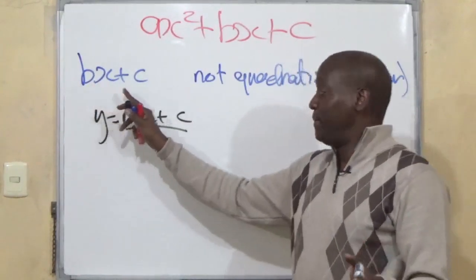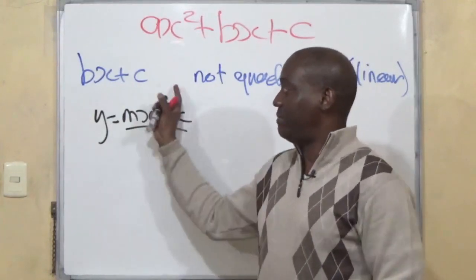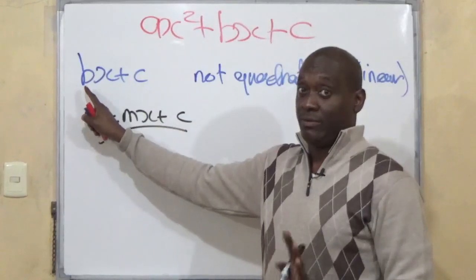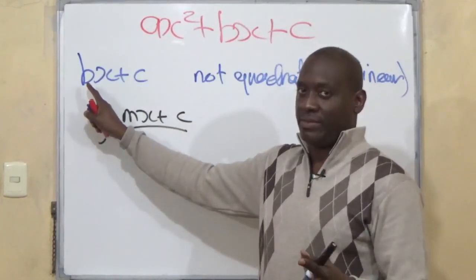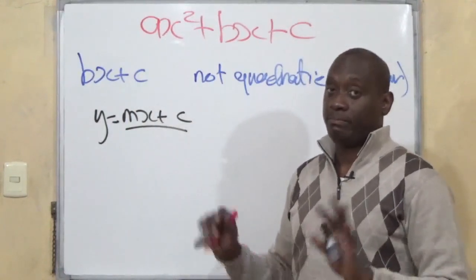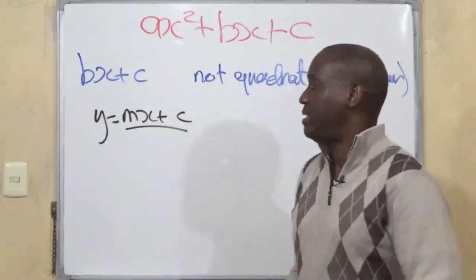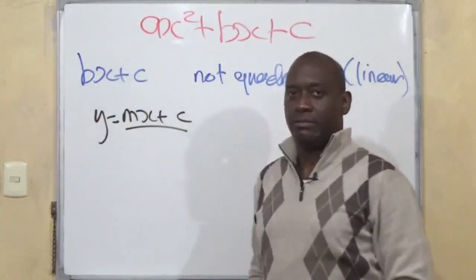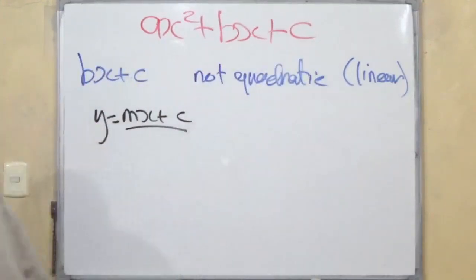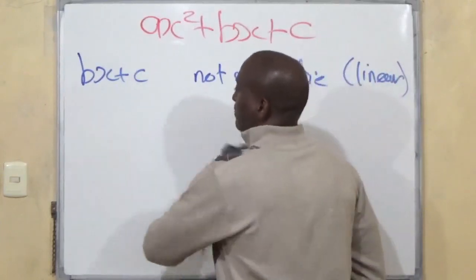So in other words, if bx plus c is linear, that is essentially the equation of a straight line. b is your gradient, for those of us who have some familiarity with straight lines. And c here is your y-intercept, right? So I'm bringing everything together so you see that it makes sense. Even when we change the letter, the concept remains unchanged. All right? So bx plus c is a linear expression.